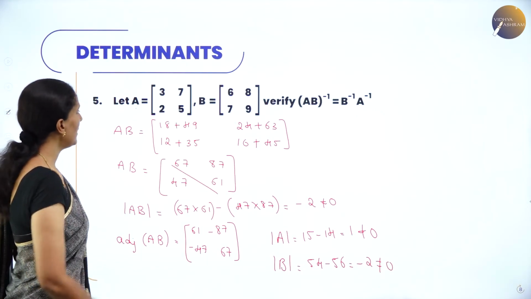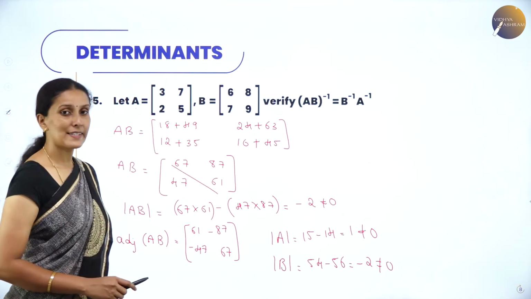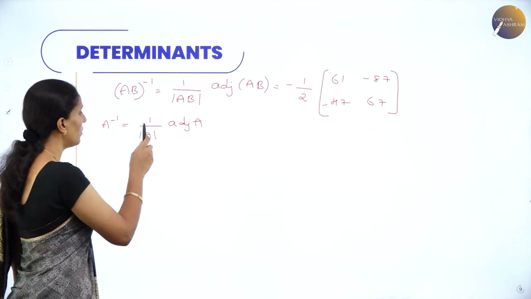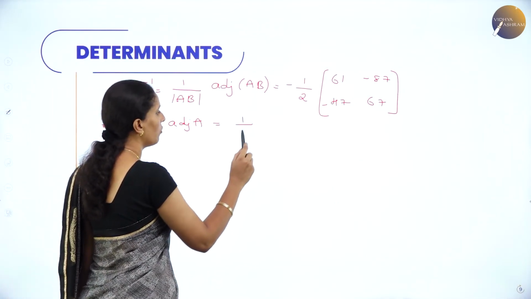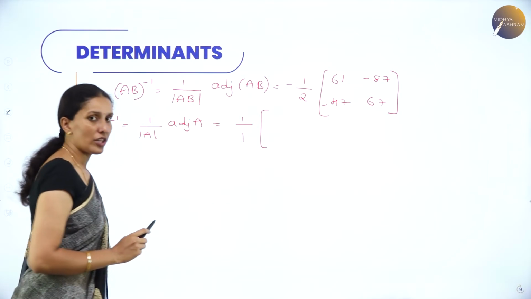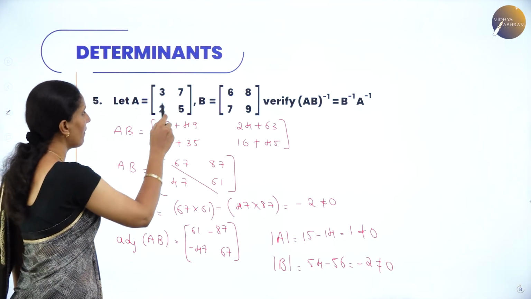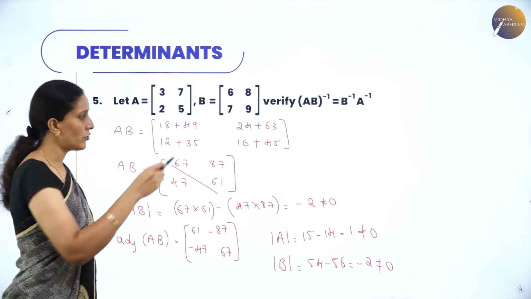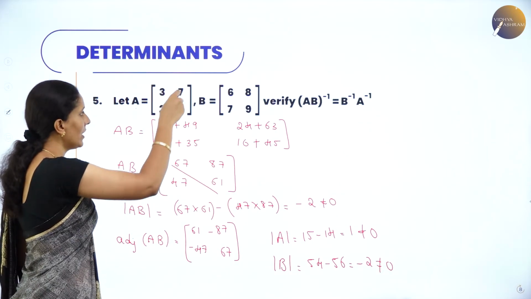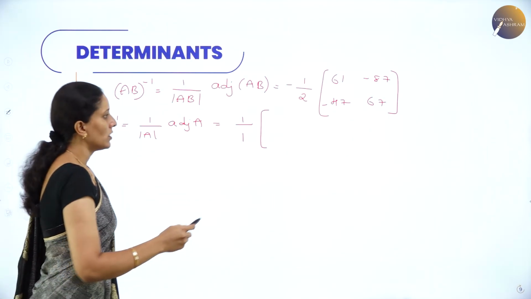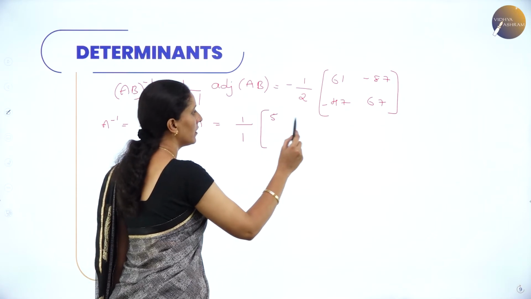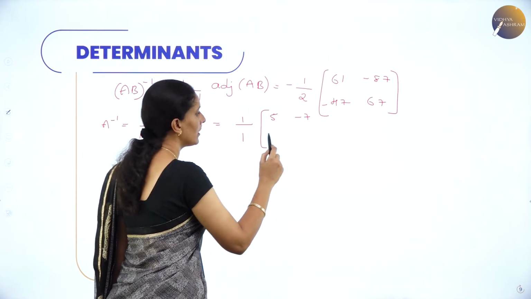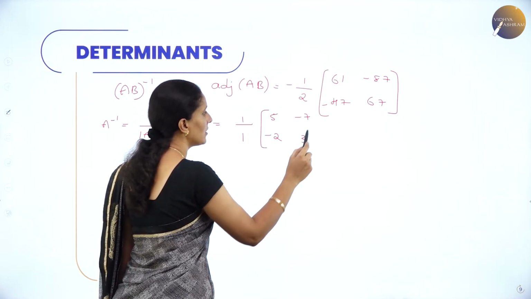Now let's write adjoint A. We have 3 7 2 5. So here the value is 1 over 1. So the matrix A is 3 7 2 5. So to find its adjoint, interchange 3 and 5, change the sign of 7 and 2. So then it becomes 5 minus 7 and here it is minus 2 and here it is 3.